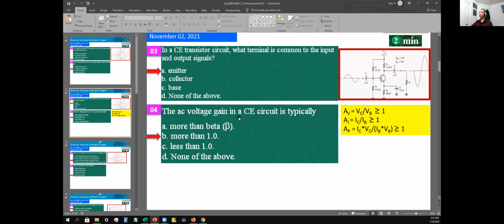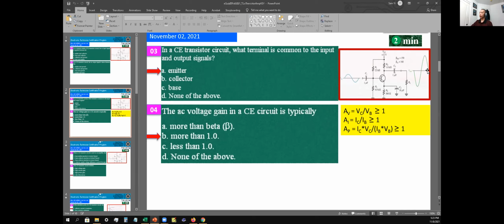So the AC voltage gain, number 4, the AC voltage gain in the CE circuit is typically, it should be more than 1 because you have a small signal coming in through the base, and your output is collected at the collector, which is going to be amplified.